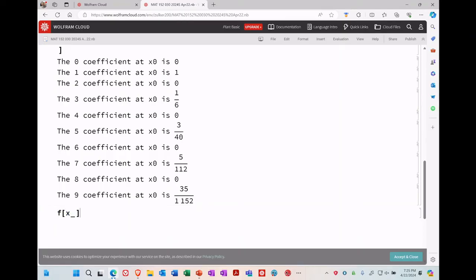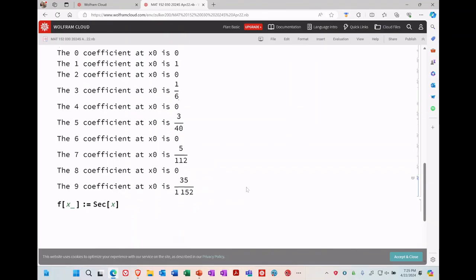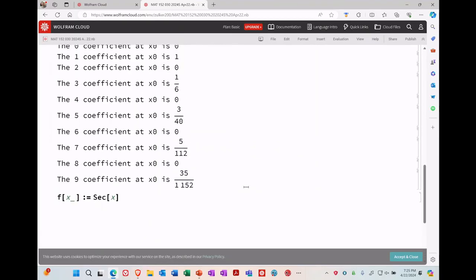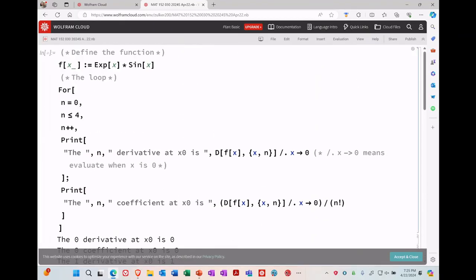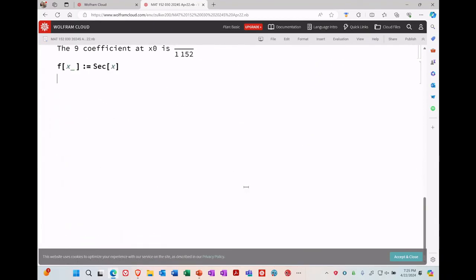This is not how I did it, so I'm gonna do this blind. I think I know how I want to do it. I'm going to define, of course, f of x, secant of x.